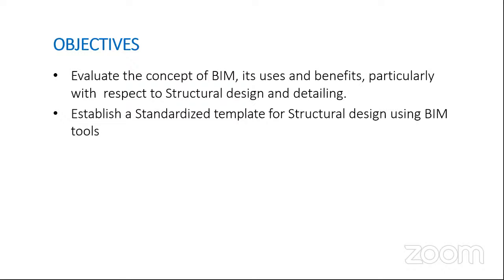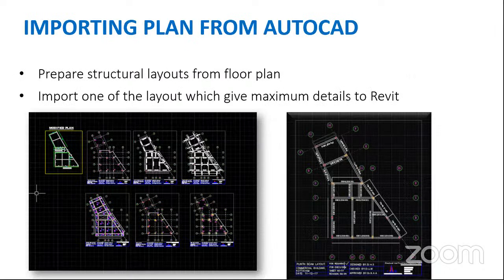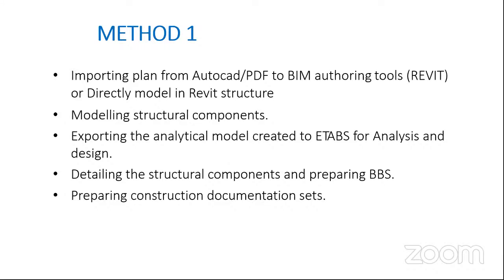Coming to the heart of today's session, there are different methods for achieving the structural design and detail. Method one: if you have a structural plan and layout drawn in AutoCAD or its PDF, you can directly import that into a BIM authoring tool, here Revit. Revit allows structural engineers to create their model and document in an advanced BIM environment.